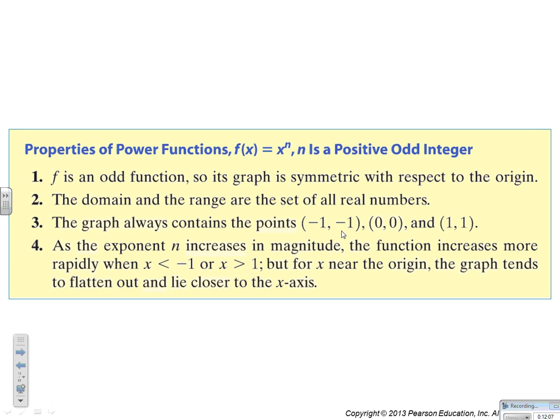This is a little bit different from even functions. -1, -1 is on the graph, 0, 0, and 1, 1. As the exponent n increases in magnitude, the function increases more rapidly when you're less than -1 or you're greater than 1. But near the origin, the graph flattens out and hugs it.